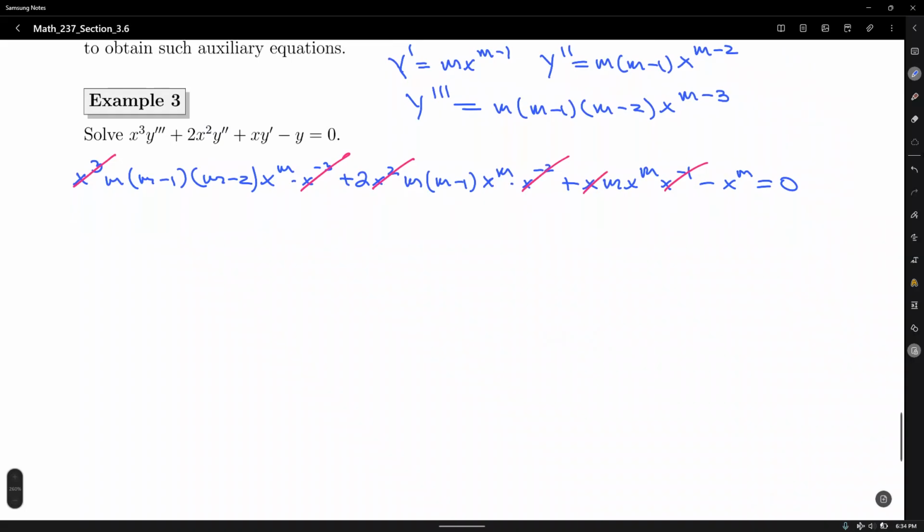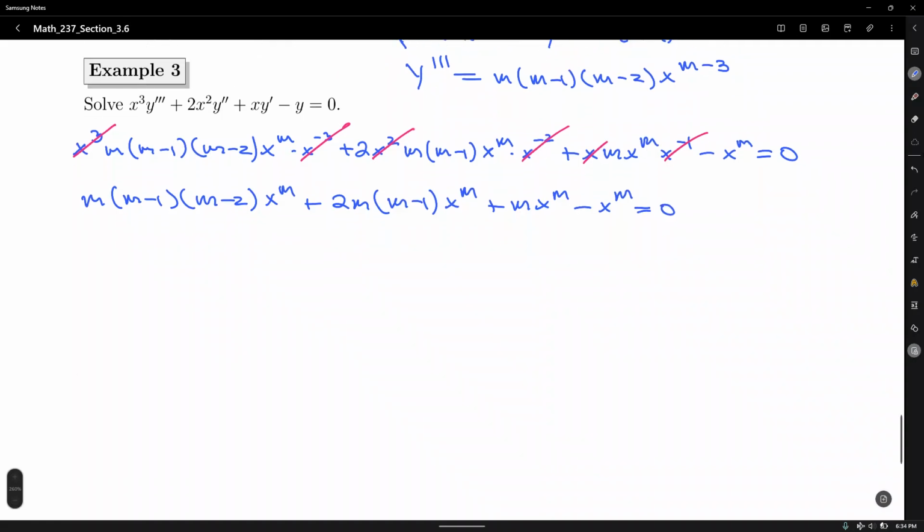We are left with the quantity m times m minus 1 times m minus 2 x to the m plus 2m times m minus 1 x to the m plus m x to the m minus x to the m. Let that be equal to 0.